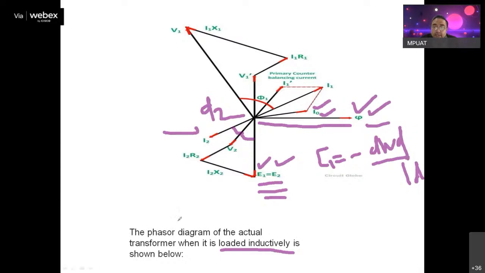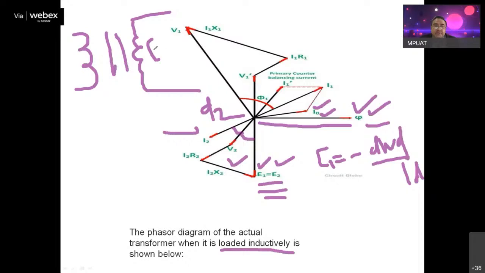Now I want to complete the voltage diagram on the secondary side, for this V2 and this E2. Let this be the primary, and this my secondary.